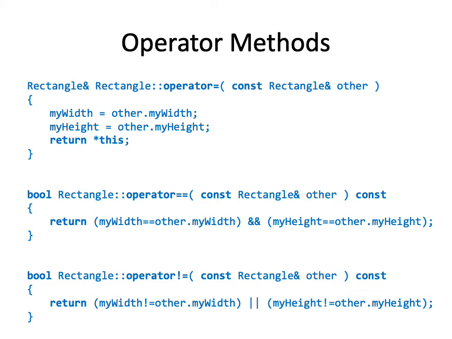But here we're asking, are they not equal to each other? Return true if they're not equal to each other. Return false if they are equal to each other. So here we're going to return the result of saying my width is not equal to the other's width, or my height doesn't equal the other's height. So if either one of those is not equal to the other's value, then return true, because that means that the two rectangles are not exactly equal.